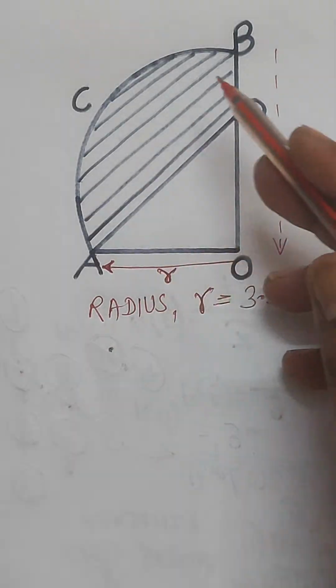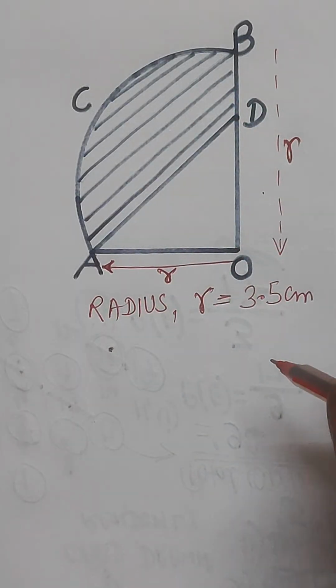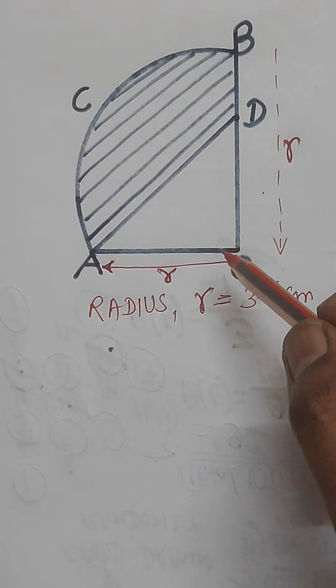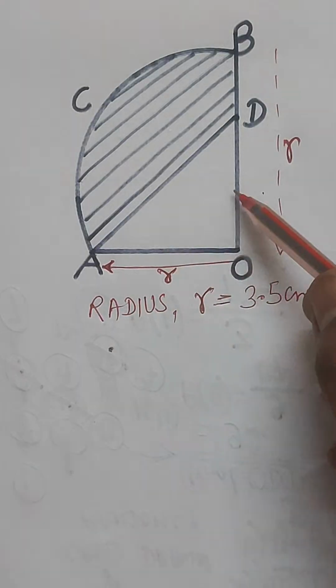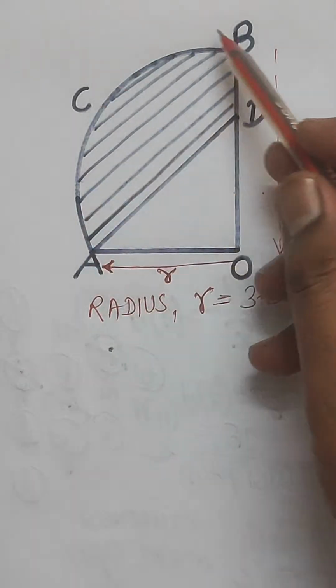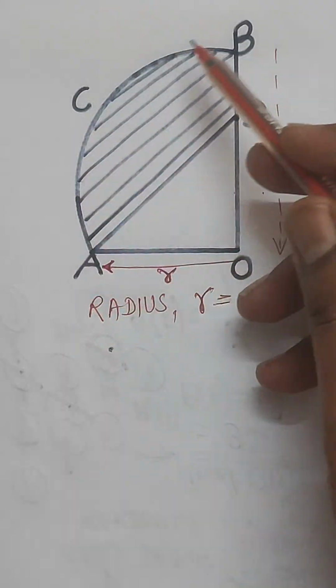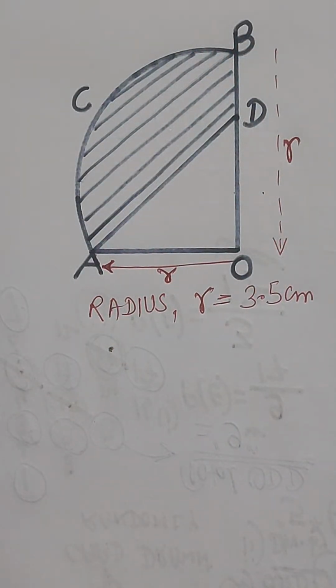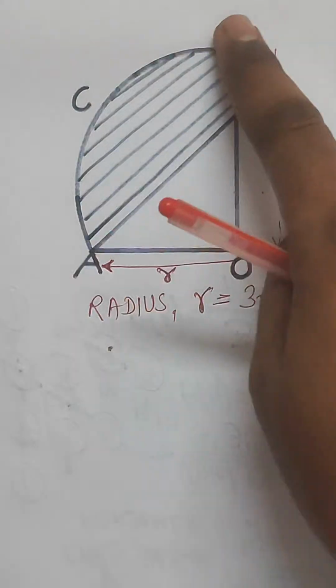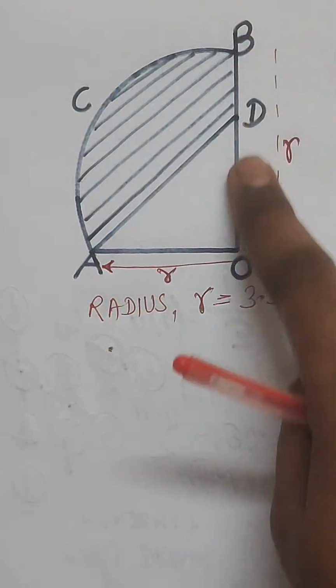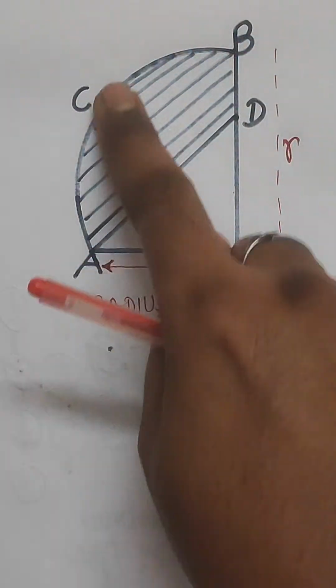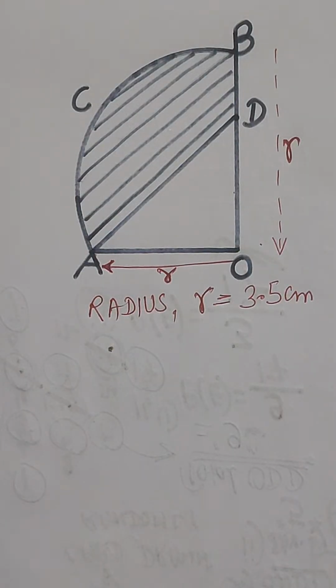A quadrant is a figure whose three sides are covered, two of its sides are radii and one side is the arc or circumference of the circle. So here you can see OACB, this circumference, this perimeter. This is a quadrant.